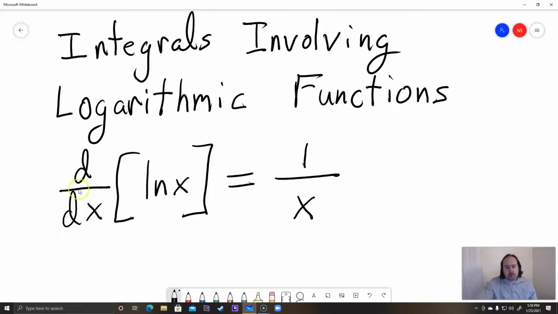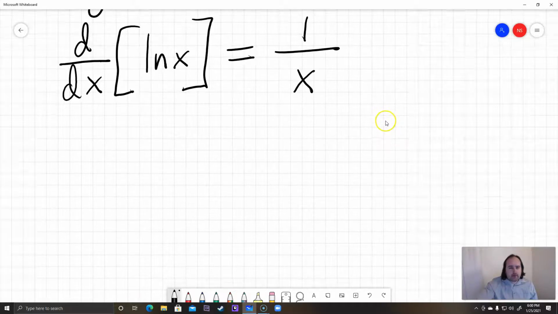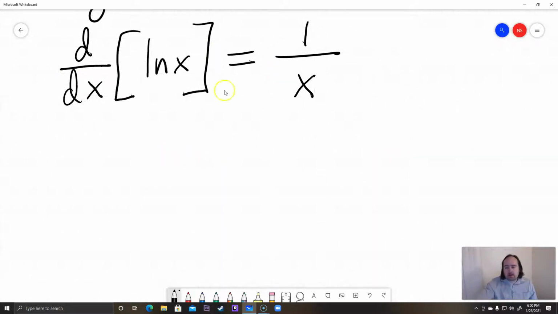So if the derivative of natural log of x equals 1 over x, then we already know that the integral of 1 over x should be ln of x.